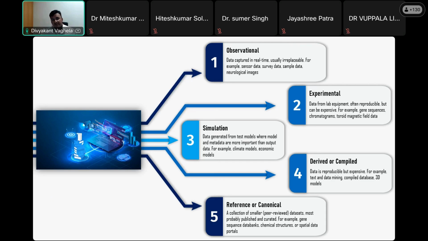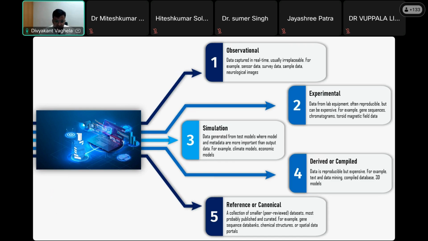Then derived or compiled data, in which people derive the data from some existing data source, say from a cleaned data source, or a data source that is already available, but large data sets. Another thing, the raw data is available, and from that they derive the data.